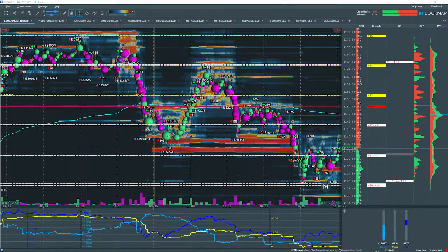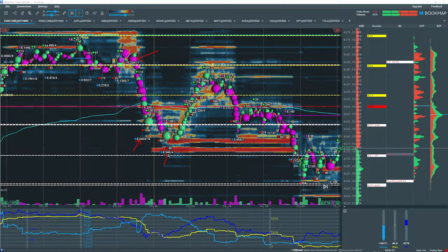Note all the pink volume dots, aggressive sellers, market sell orders coming in, and price moves down to just below the 412 SPY large gamma level, as well as the SPX 4130 level. Order flow shifts bullish, and note large traders coming in with iceberg orders.